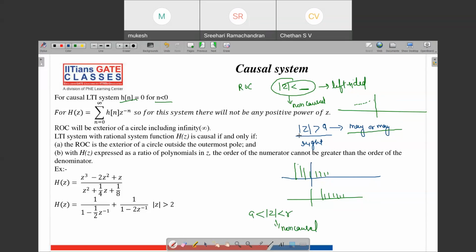So here we can conclude that if mod of z is less than some number, non-causal. Mod of z greater than a and less than some other number, again non-causal. Mod of z greater than some number, it may or may not be causal.